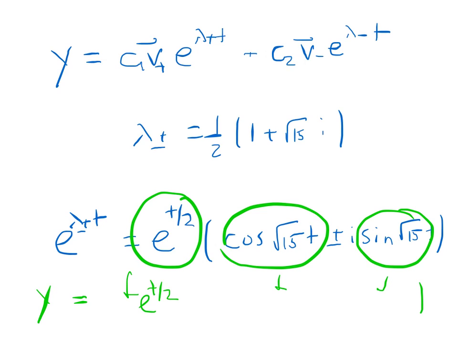So this type of fixed point, where there's a positive real part and oscillations, is what people call an unstable spiral.